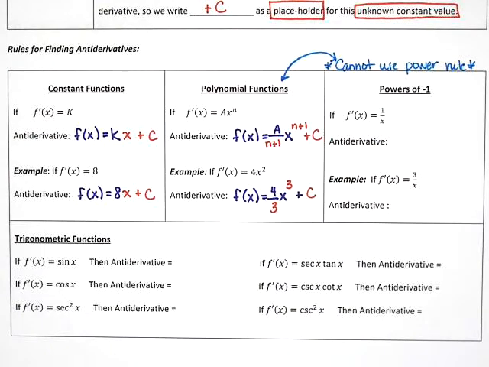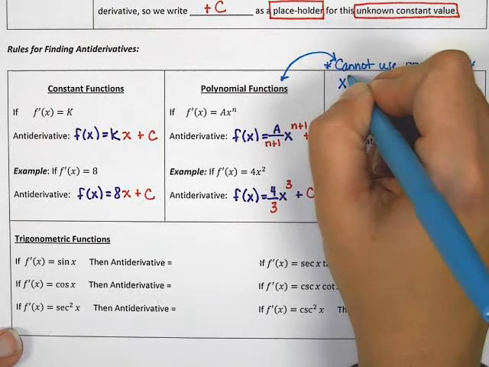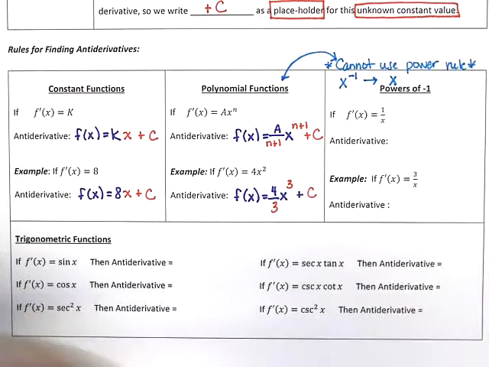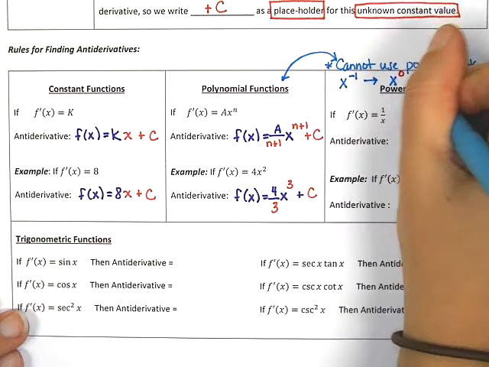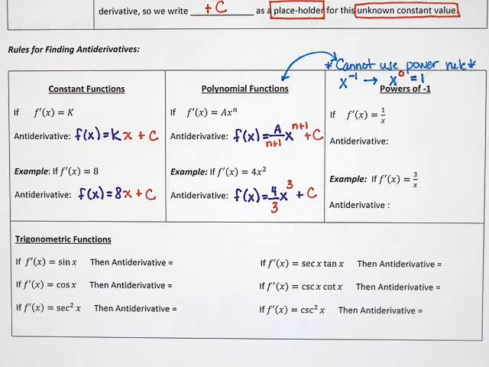Because if you have x to the -1, and you add 1 to that power, you would get x to the 0. And x to the 0 really just equals 1. So you would be saying that the antiderivative of x to the -1 is just 1, which is inaccurate.